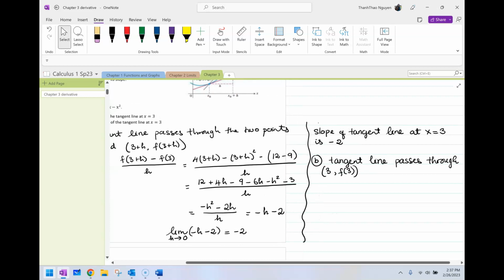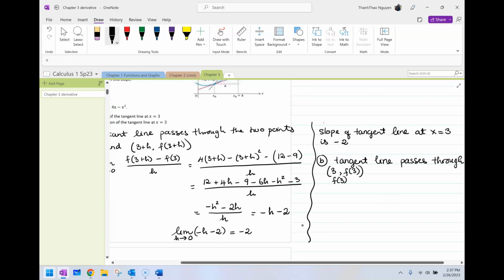So f of 3 is equal to 4 times 3 minus 3 squared, that is 3. So then the y value equals 3.